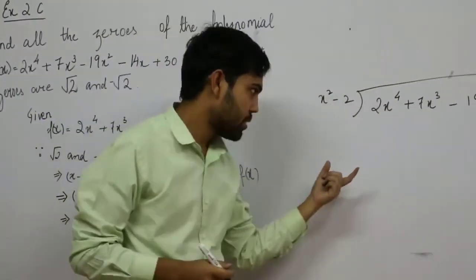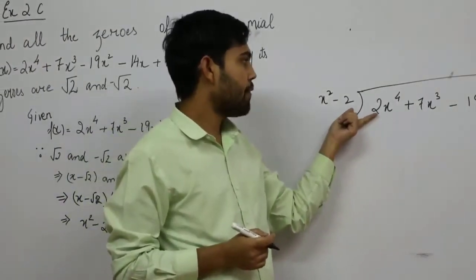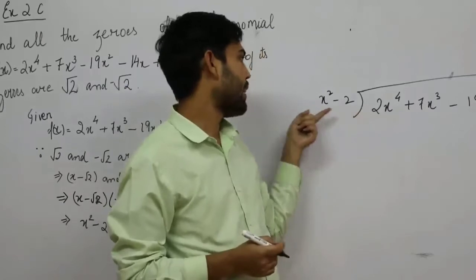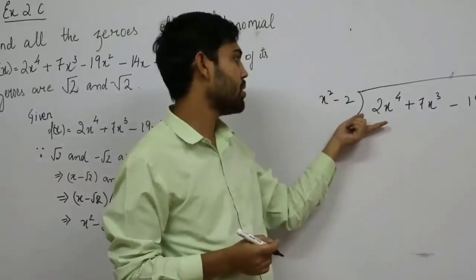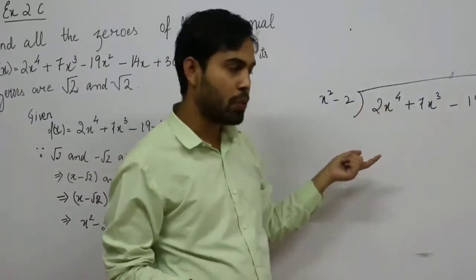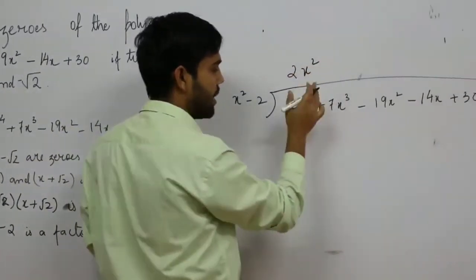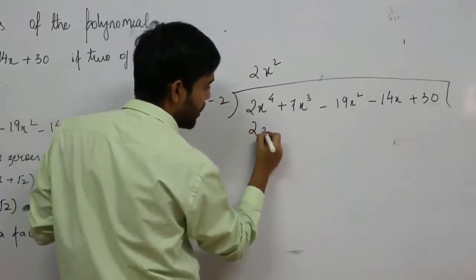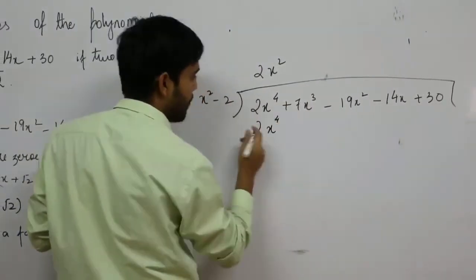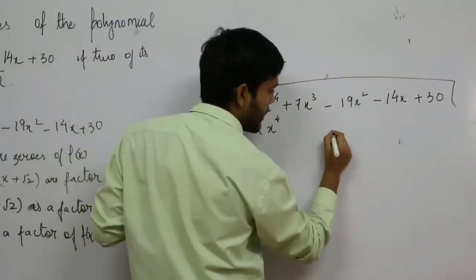So what will I get? As we have done earlier, I have a 2x to the power 4 here and an x squared here. What should I multiply so that I get 2x to the power 4? I have to multiply with 2x squared. When I do that, I have 2x to the power 4 minus 4x squared.